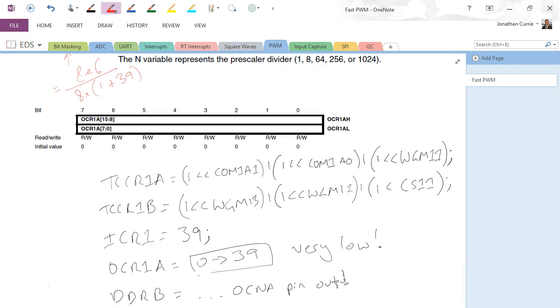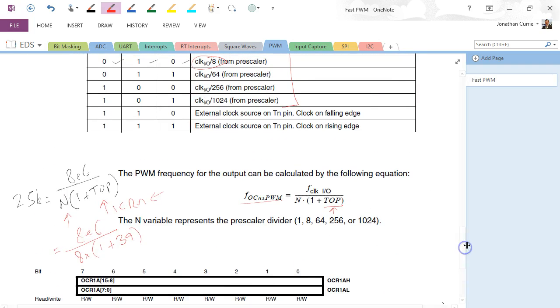The only problem that I would find with this particular example is we only have 40 discrete steps from 0 to 100% duty cycle, which I would think is a little low, but perhaps that would be fine for your particular application. If not, we can come back to this equation, try and find a larger value for top, anything up to 2 to the power 16 minus 1, and change the prescaler accordingly.